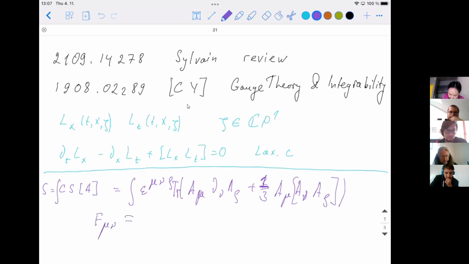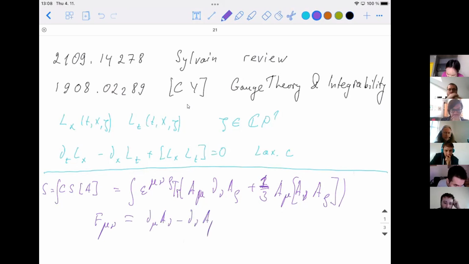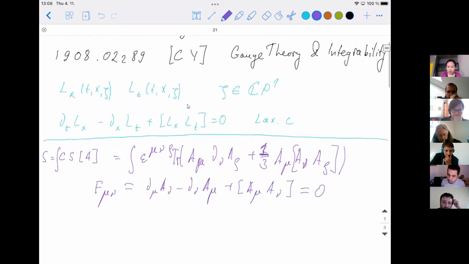Its equation of motion would be quite similar to this one. We will have this, and this should be zero.